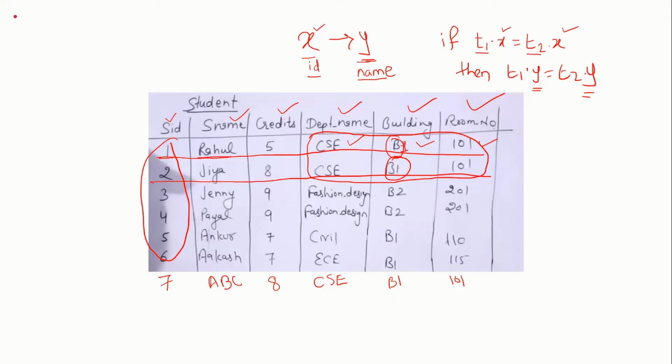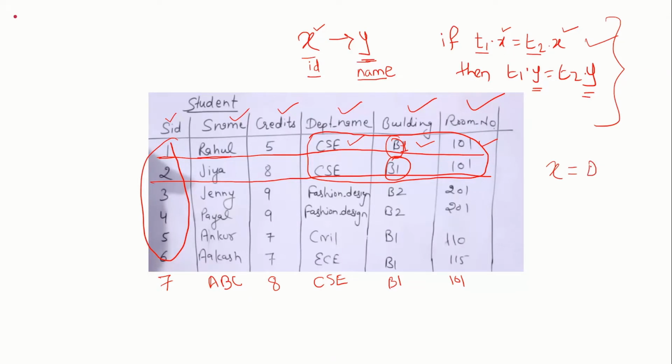Okay students, listen carefully now. I am telling you with the help of an example how this operation is going to execute, what I wrote here: T1 dot X is equal to T2 dot X. If it is true, then only we are going to check the next one. Suppose the X value is the department name.